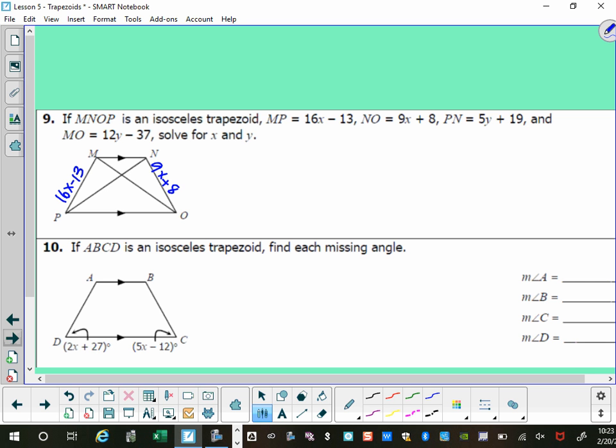And then they told us that PN was 5y plus 19, and MO was 12y minus 37. I'm solving for x and I'm solving for y. Let's solve for x first. What's special about these two sides? They're congruent to each other. So I have 16x minus 13 is equal to 9x plus 8.